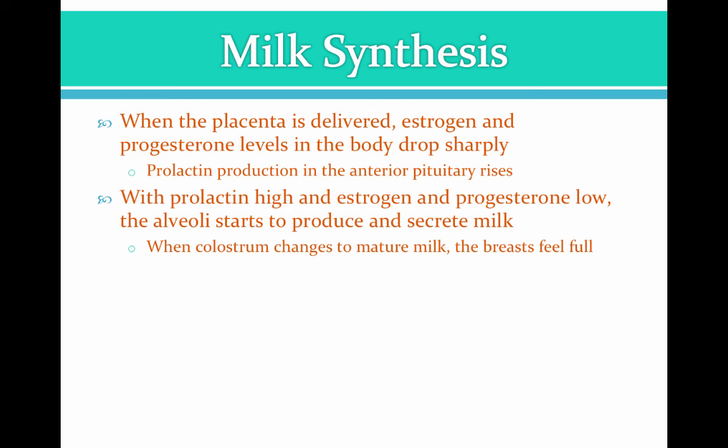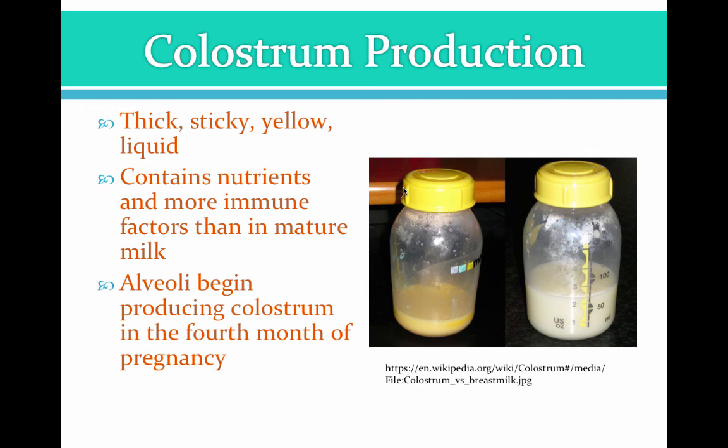And with prolactin high and estrogen and progesterone low, the alveoli start to produce and secrete milk. And when colostrum changes to mature milk, the breasts feel full. Colostrum is a thick, sticky, yellowish liquid, and it contains nutrients and more immune factors than mature milk.